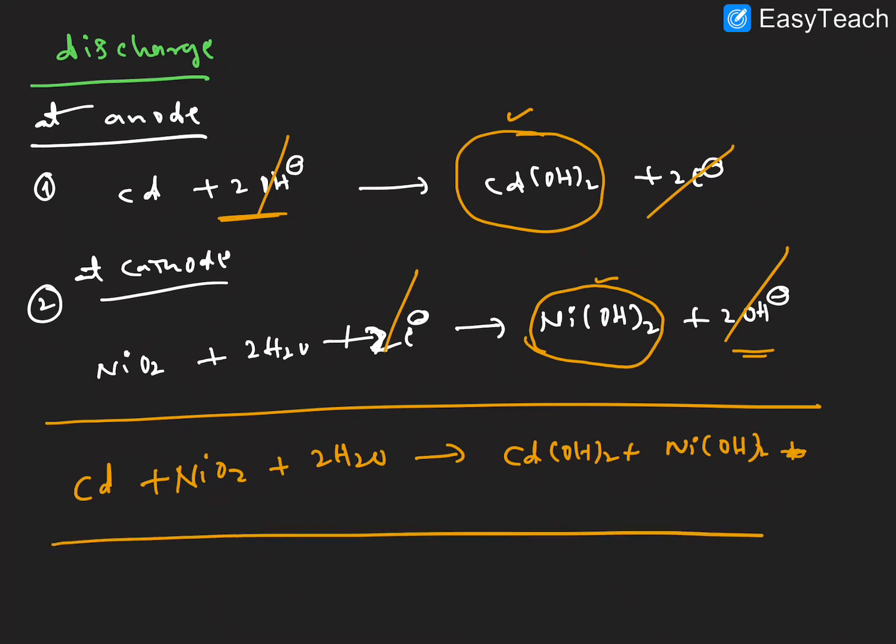So this is the overall reaction, the formation of cadmium hydroxide and nickel hydroxide. Whenever it is recharged again, this reaction happens in the opposite way. So these are the secondary and primary battery cells. I hope it is clear, and thank you for watching the video.